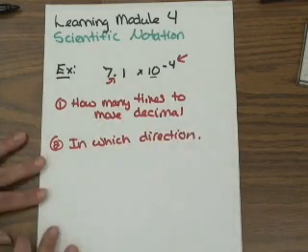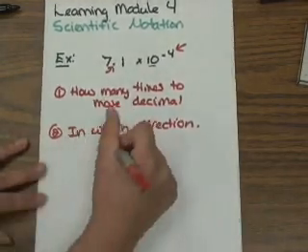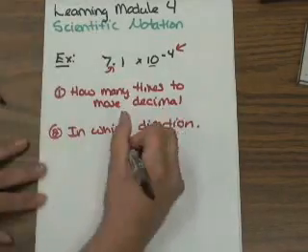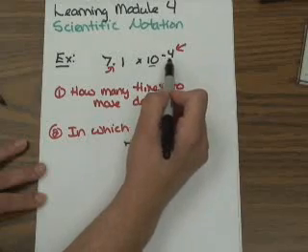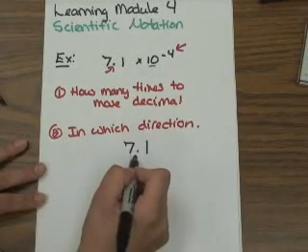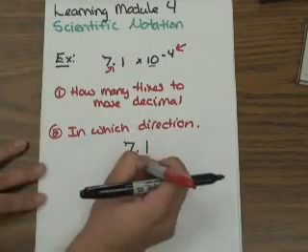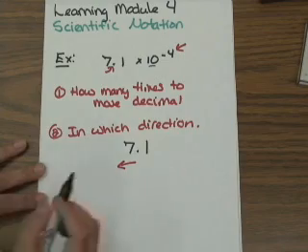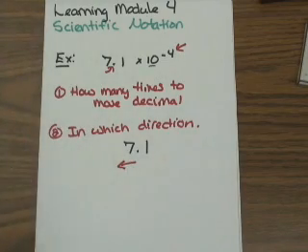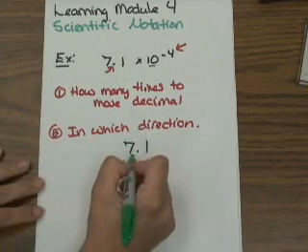So, let's look at what we have here. Let's rewrite just the 7.1. Now, first things first. The negative 4 tells me that I need to move the decimal in the negative direction, which is to the left. The fact that it's a 4 tells me I need to move the decimal 4 places. So, right now the decimal is behind the 7.